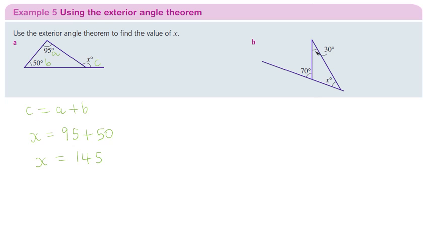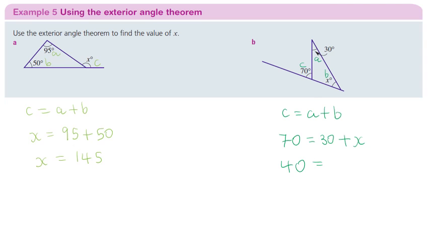Alrighty, on to this next one here. So same thing, I'm going to write out the exterior angle theorem. C equals A plus B. So C in this case is this outside one here, 70, and these other two inside ones are A and B. So C is 70, A is 30, and B is X. So to work out what X is, I just subtract the 30, so 70 minus 30 equals 40.